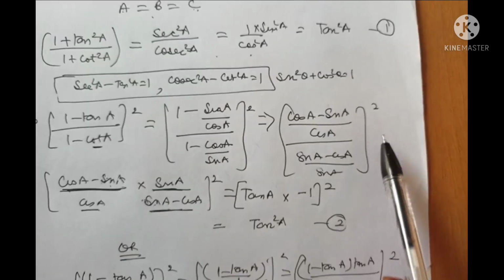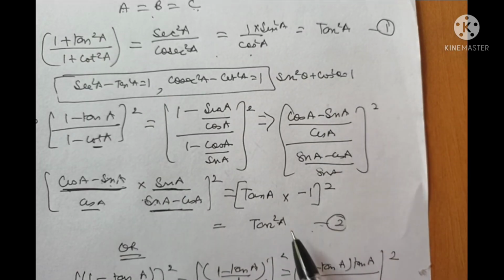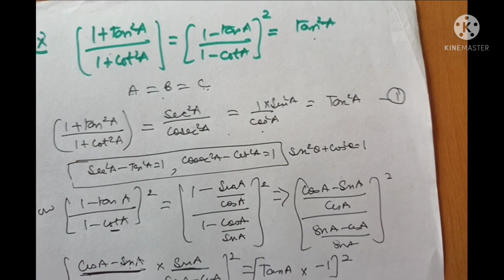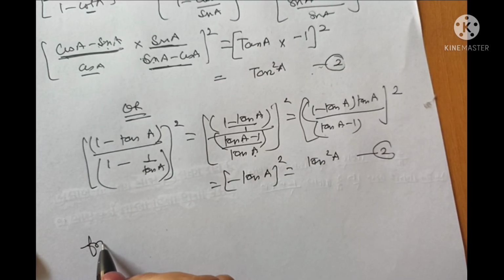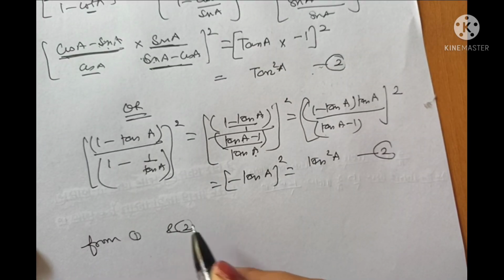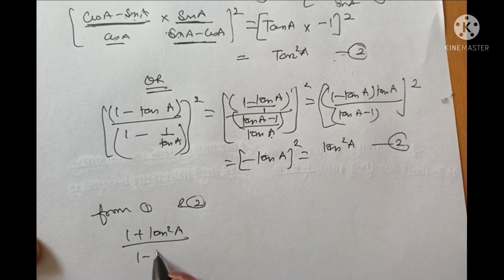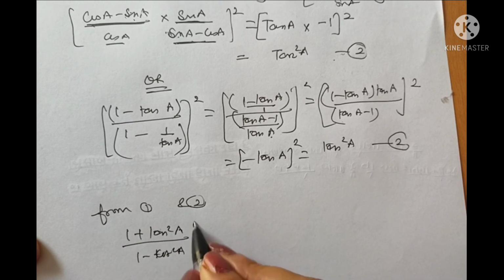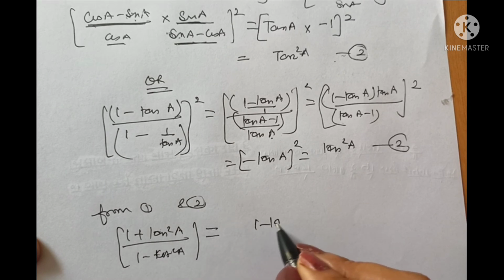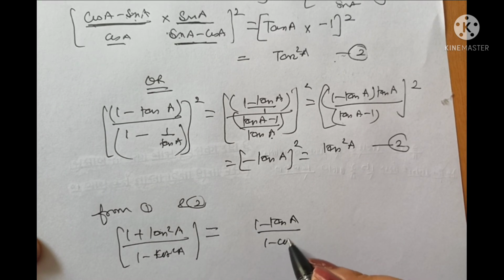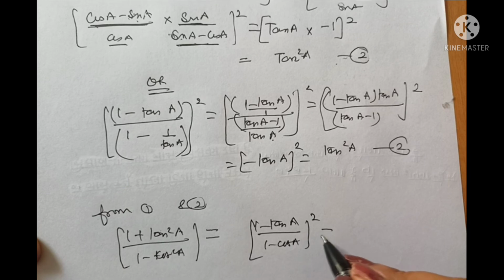So from 1 and 2, what do you get? From 1 and 2, all these three are equal to each other. So you will write from 1 and 2, just copy down the statement that 1 plus tangent square A over 1 plus cot square A is equal to 1 minus tan A upon 1 minus cot A whole square is equal to tan square A. Right?